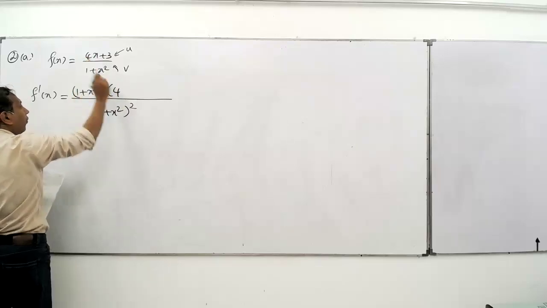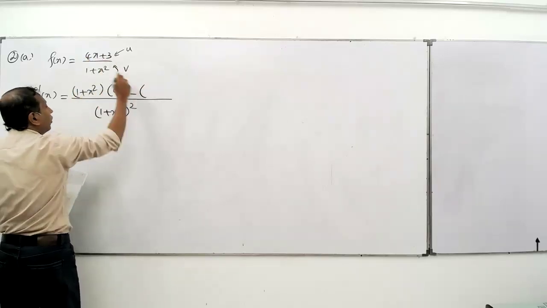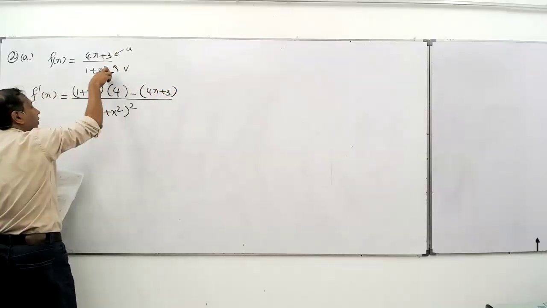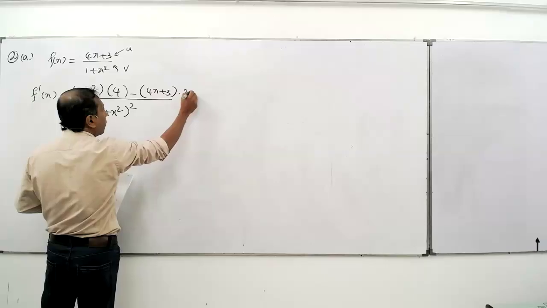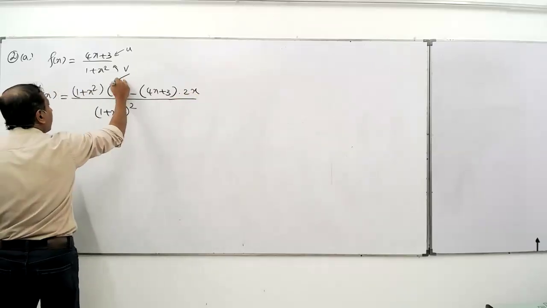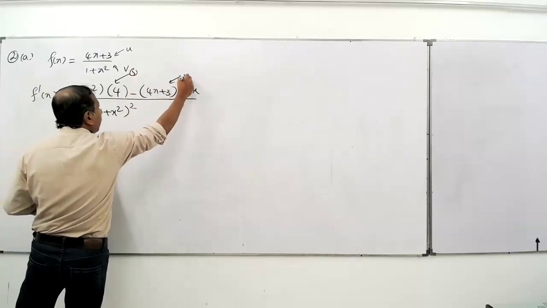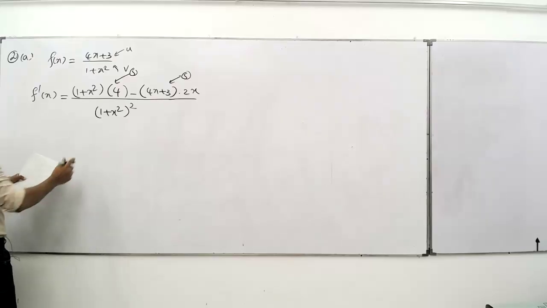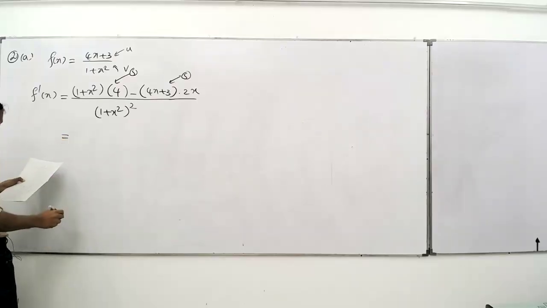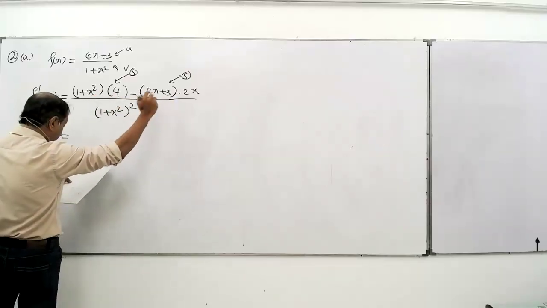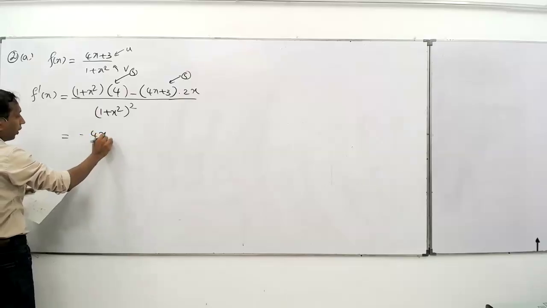The derivative of 4x is 4, minus (4x plus 3), keep this numerator the same and multiply by the derivative of the denominator, which is 2x. Marks are given for this part. Now we can simplify. When you simplify, 4x squared, minus 8x squared, then minus 4x squared.